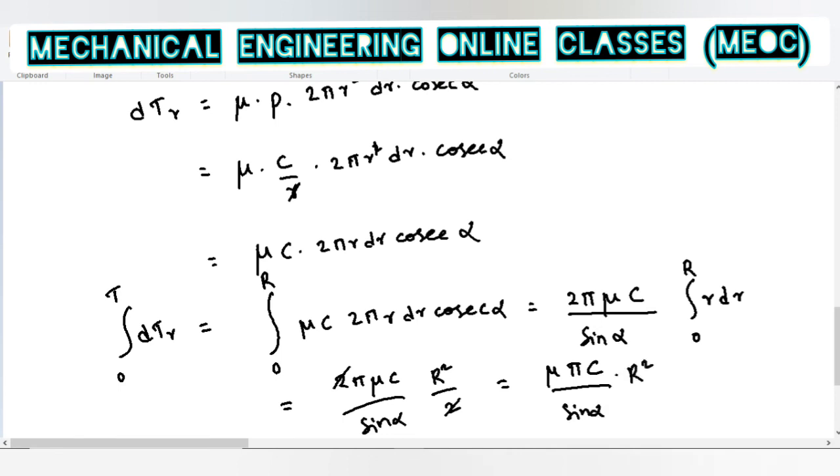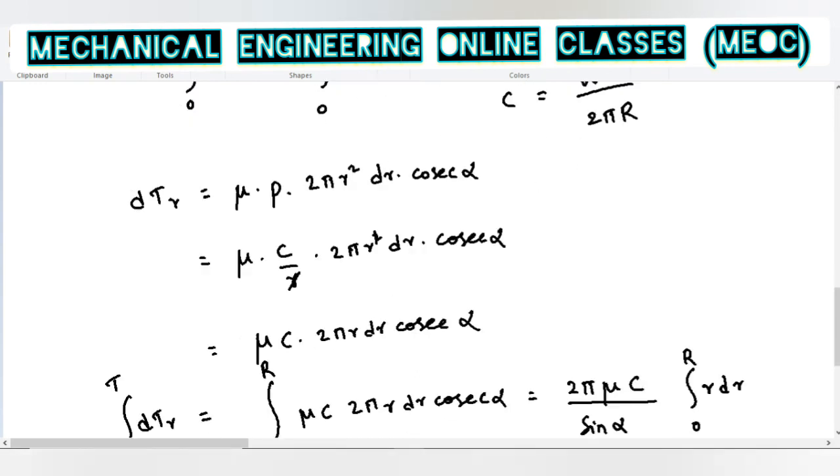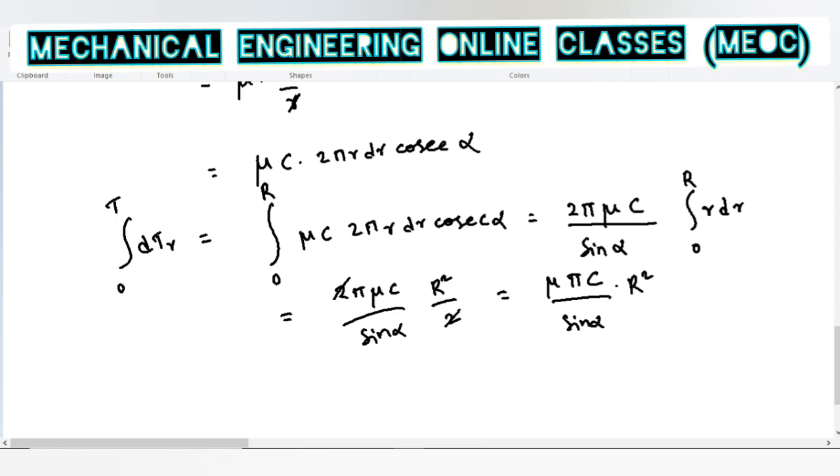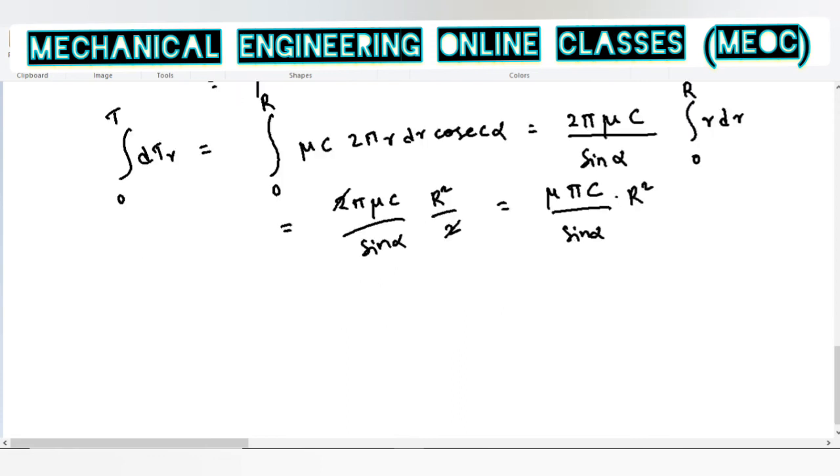I can now again substitute the C formula back in this relation. I got C as W by 2 pi R. So W by 2 pi R, sin alpha, R square. Pi and R can be cancelled.